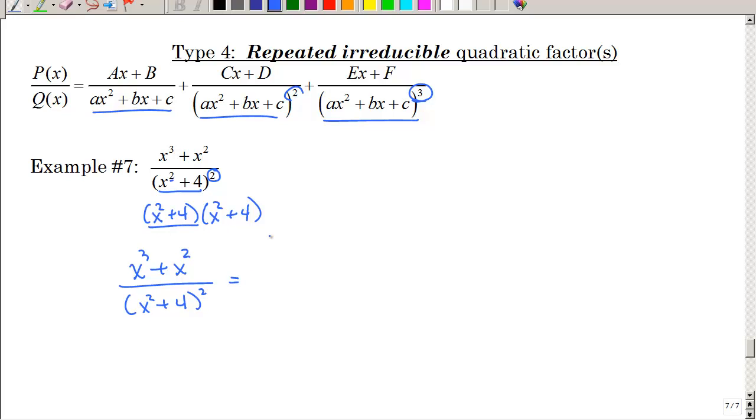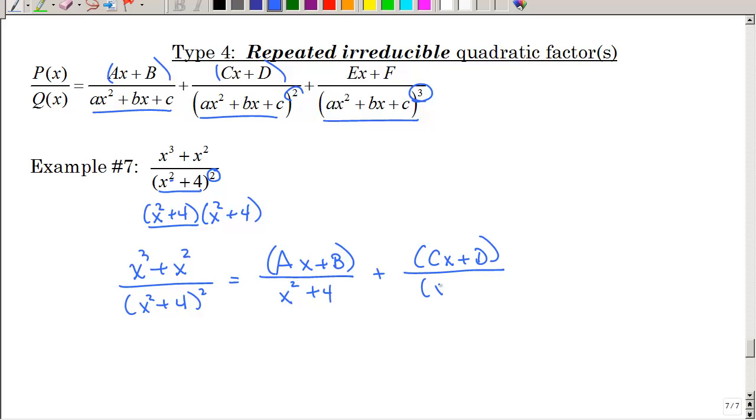So since this is quadratic, I need ax plus b, like that, over the factor to the first power. Then cx plus d, like that, over the same factor to the next power. And then again, if this was to the 3rd, 4th, or 5th, then I would just keep going.